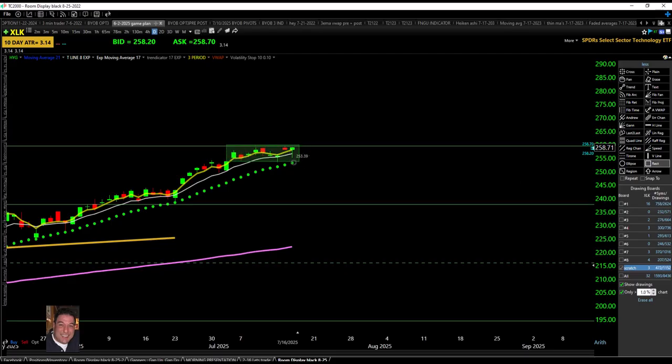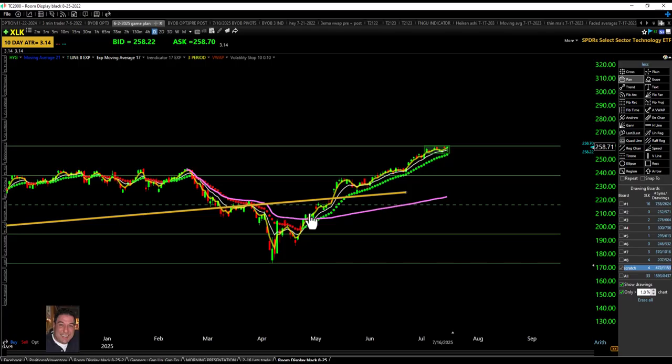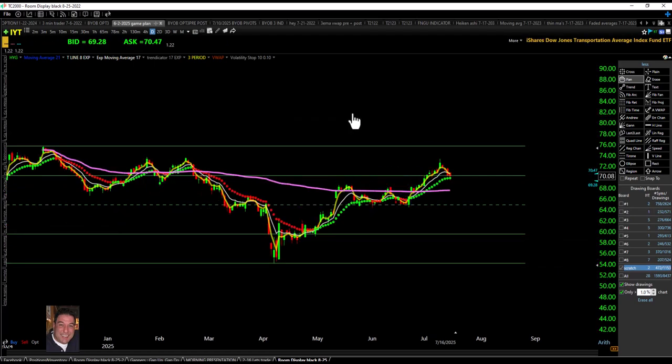That right there looks like they're constructing a launch pad for another liftoff to go higher. That's XLK. Nice launch pad construction right up there. XLK, that's bullish and in an uptrend. You can see we're up over the prior all-time high anchored VWAP. That's a pink line. That's XLK. Let's take a look at IYT.